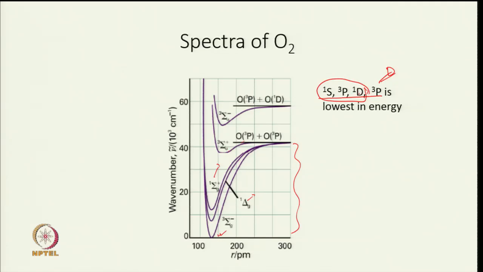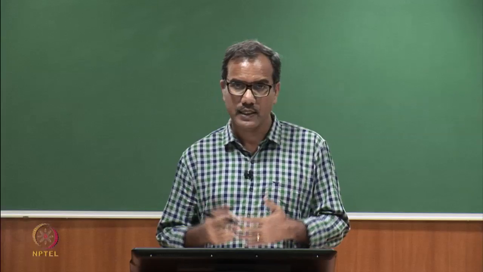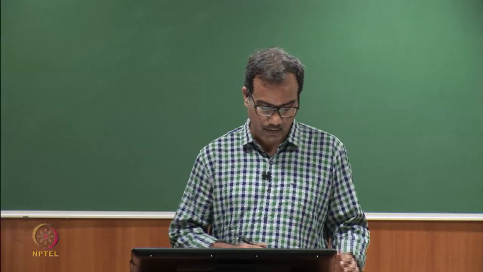After that, there is 1 d, which is shown here. So, here the dissociation of the O2 molecule is taking place between 2 oxygens in 3 p state, whereas in this one oxygen is breaking in 3 p state and 1 d state. So, this is the spectra of oxygen. This is the way you can explain the electronic spectra of diatomic molecules.